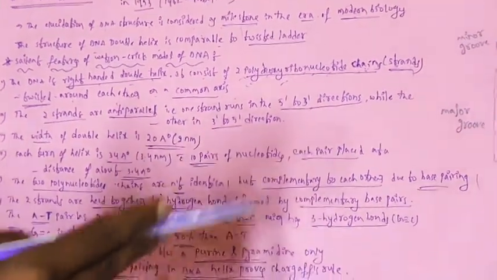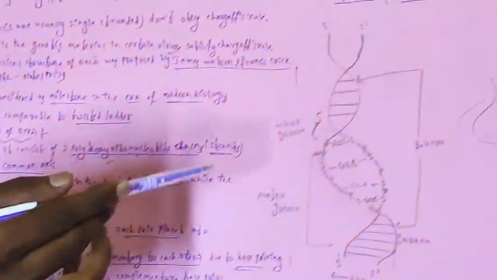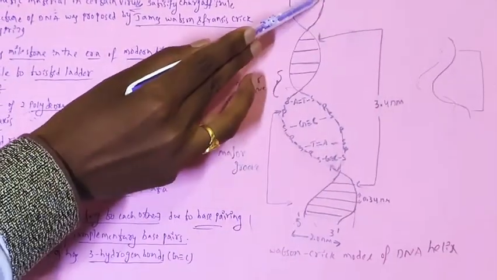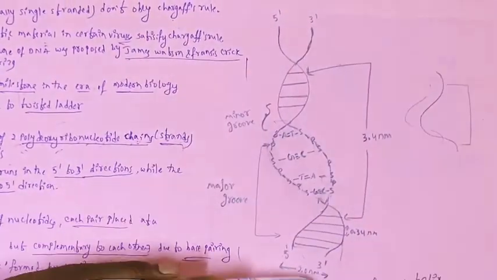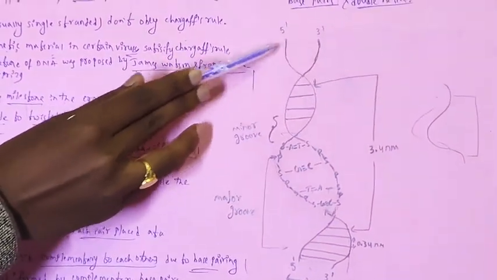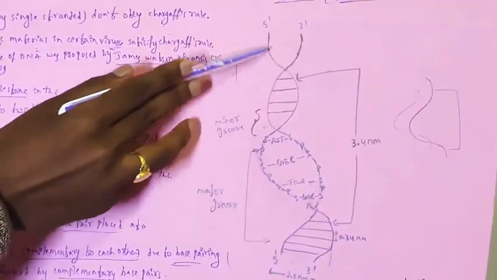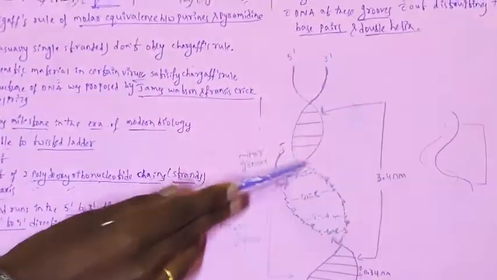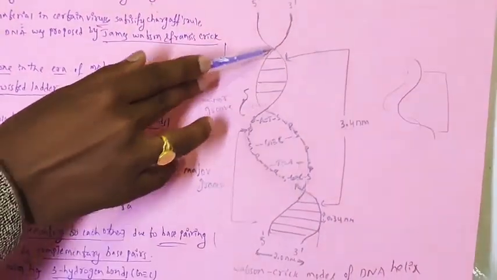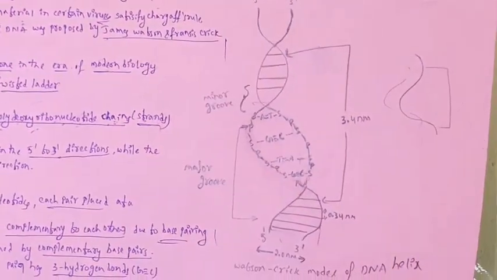You can see this is one strand, and this is one more strand. Both are twisted around each other, overlapping, on a common axis. This is the first point.